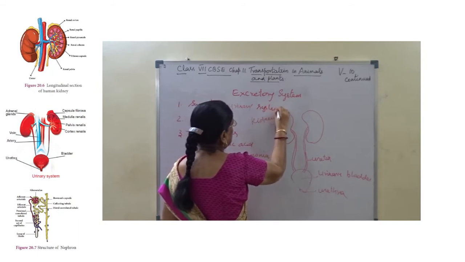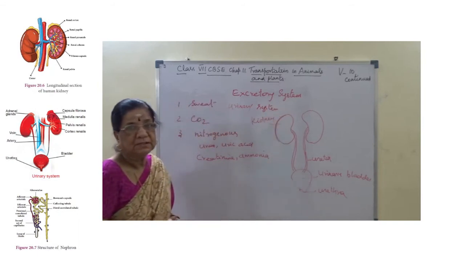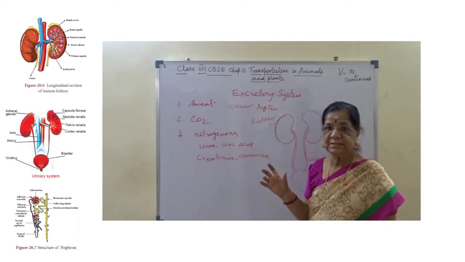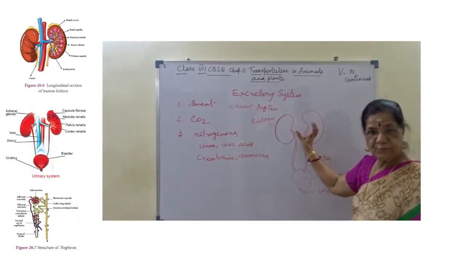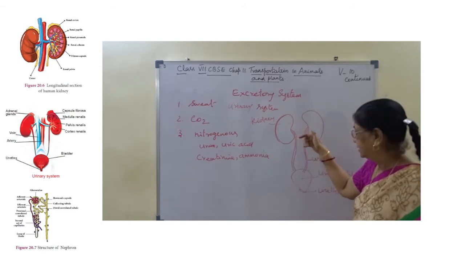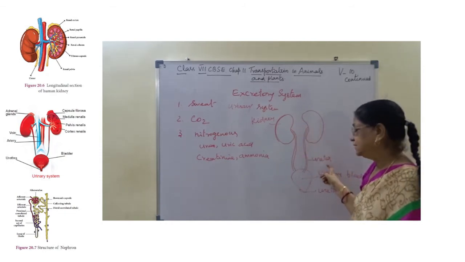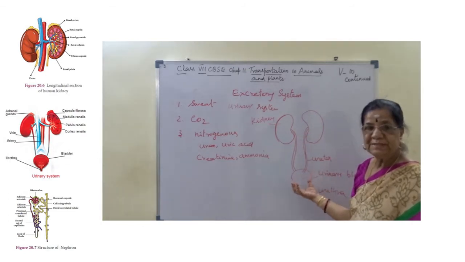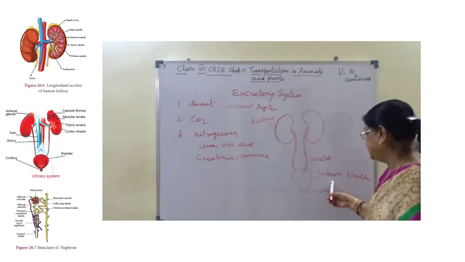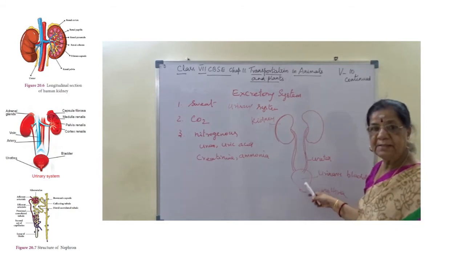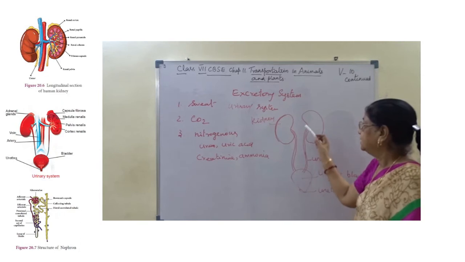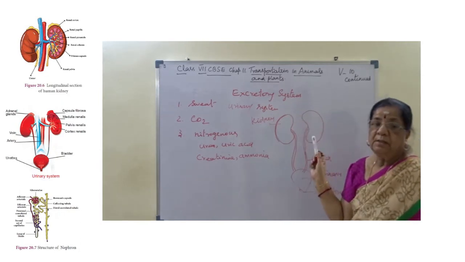So the excretory system, also known as the urinary system, has a pair of kidneys. From there emerges the ureter. This ureter opens into the muscular elastic bag called the urinary bladder, which opens outside through the urethra.